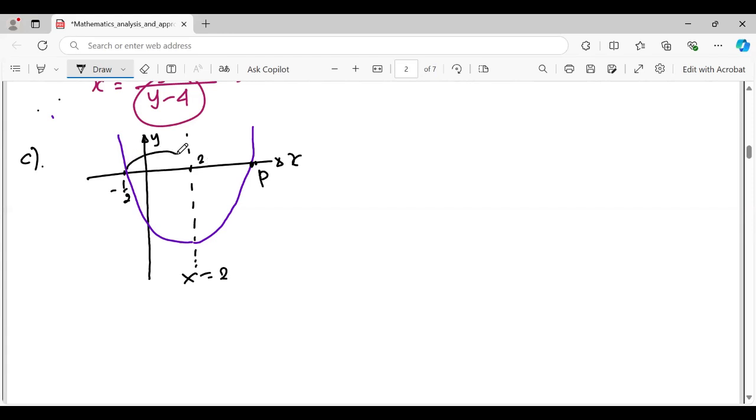The distance from minus half to 2 is 2.5 or 5 over 2. So the distance from 2 to p is 2.5 as well. So this intercept point p is 2 plus 2.5, 4.5 or 9 half. So p equals 9 half.